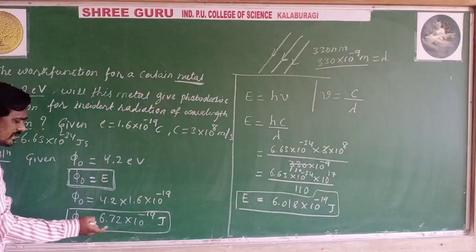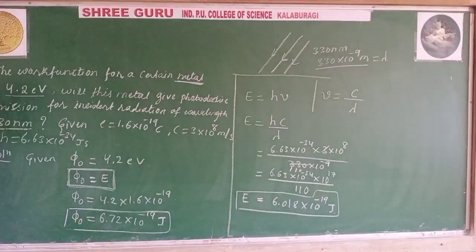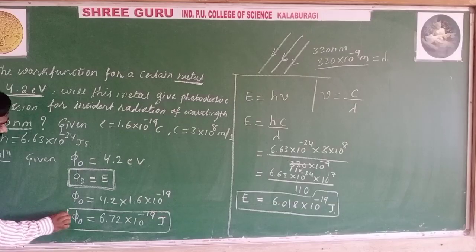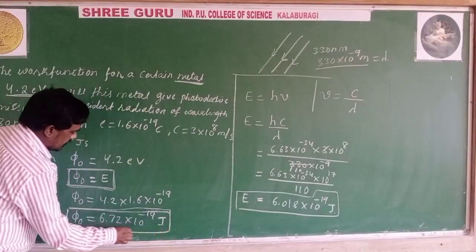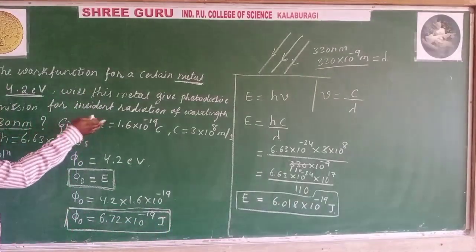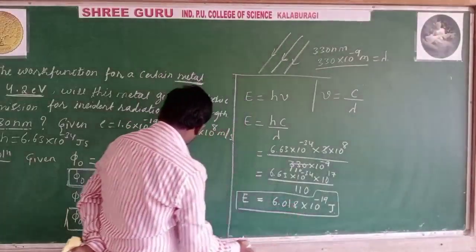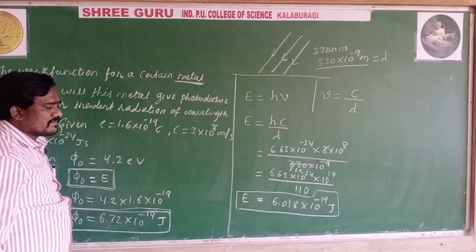Is this energy greater than the work function? No. Definitely it is not possible to eject the electron from that metallic surface. We require this much energy, but from the given incident radiation, the energy is 6.018, while the required energy is 6.72.